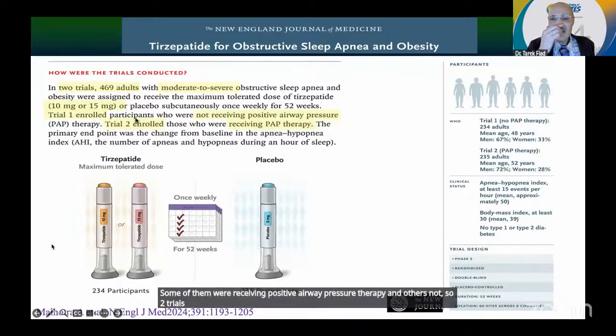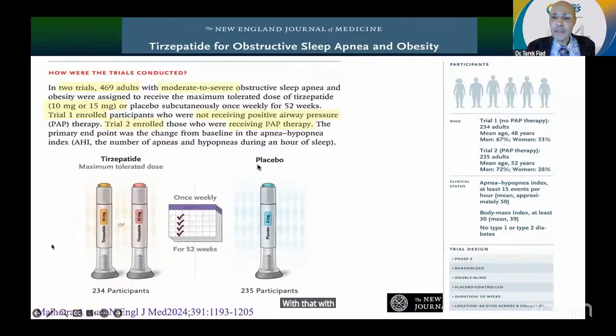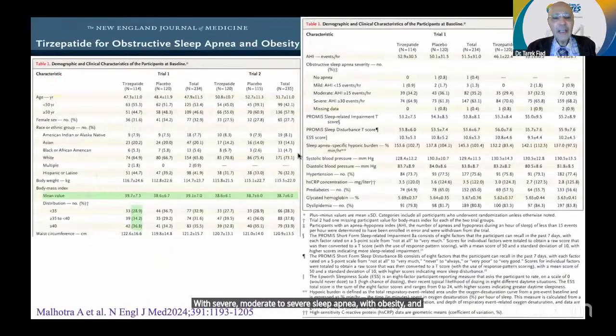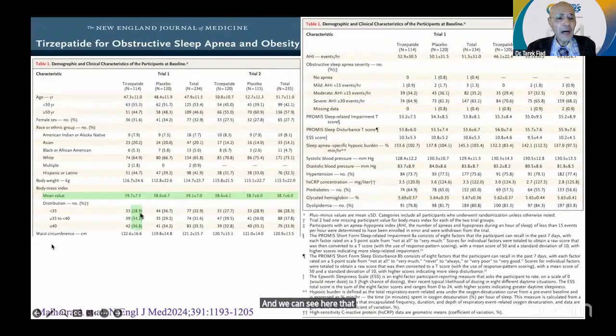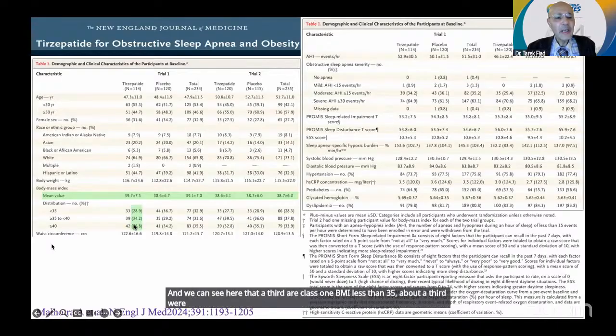You took patients with moderate to severe sleep apnea with obesity, and they gave them tirzepatide, and we can see here that a third are class 1, BMI less than 35, about a third were class 2 obesity, a third were class 3 obesity. All of them have quite significant sleep apnea.